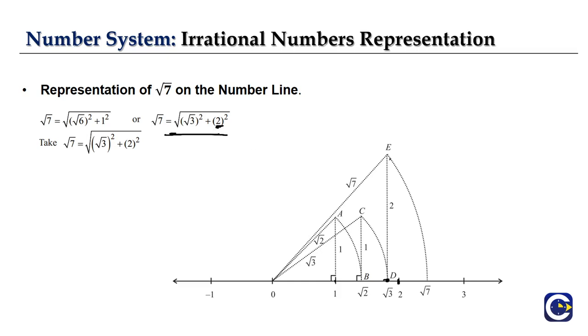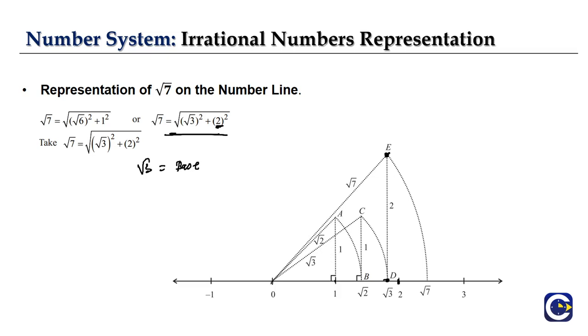So root 3 is our base, and our height or perpendicular is 2 units, up to point E. Our OE is our required irrational number, that is root 7.